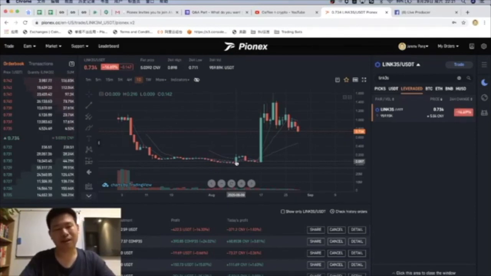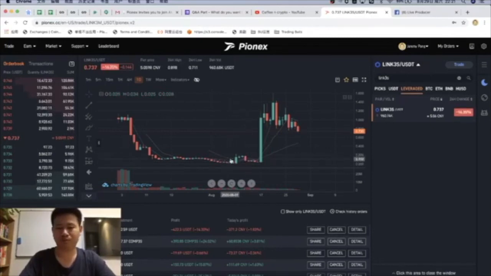But of course the Link3L token will be recovered very soon, maybe after 5 minutes you can trade it, and the Link3S token will be recovered for trading after 15 or 30 minutes.